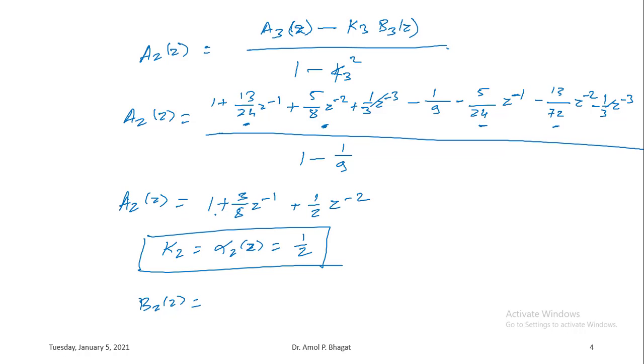Then 3 by 8 z inverse and 1 by 2 will be there, so b2 of z will be 1 by 2 plus 3 by 8 z inverse plus z to the power minus 2, correct?